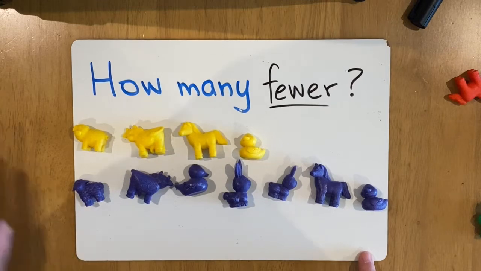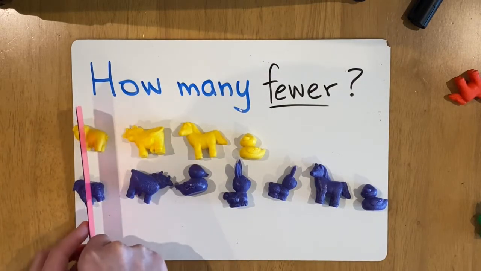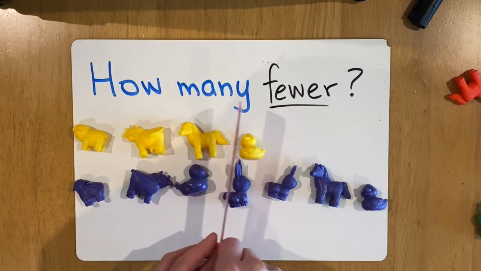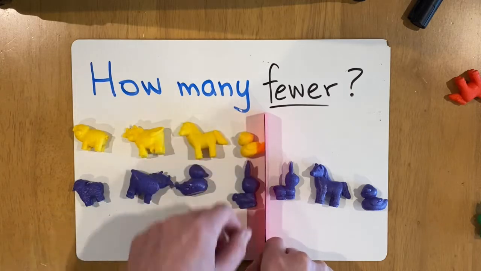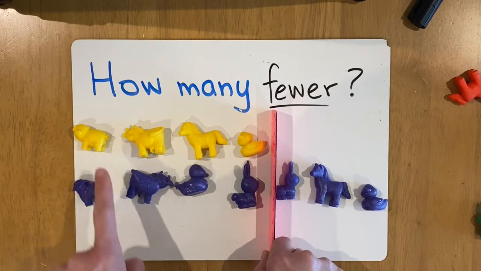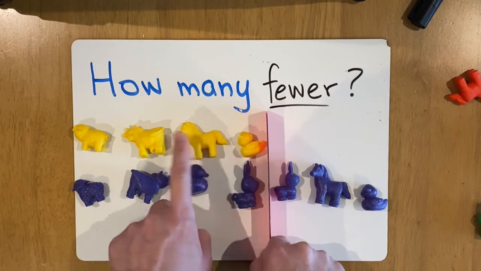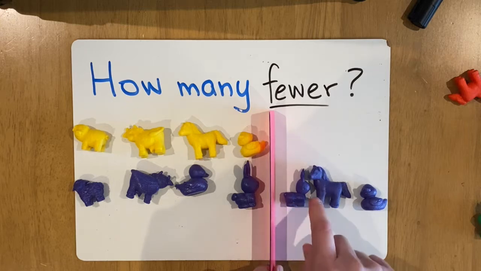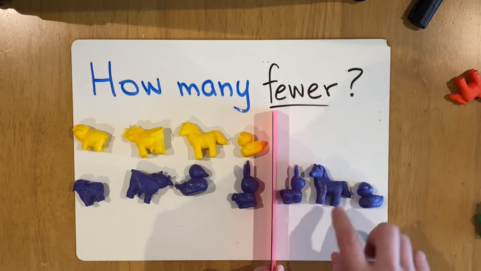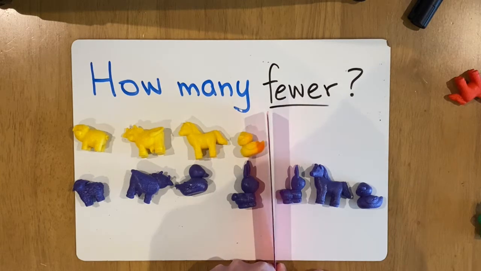How many fewer yellow animals? So get your ruler out. So this is the same, this is the same, this is the same, this is the same. This is where it is different. How many fewer? There are 7 purples and 4 yellows. This is the extra bit. So there are 3 fewer yellow animals than purple.